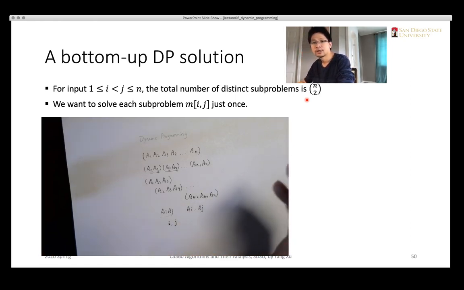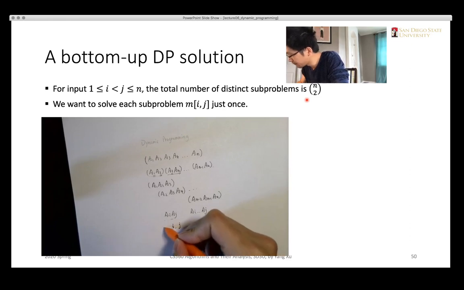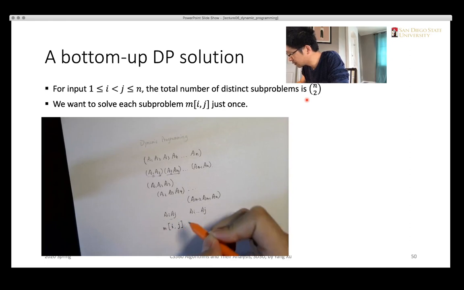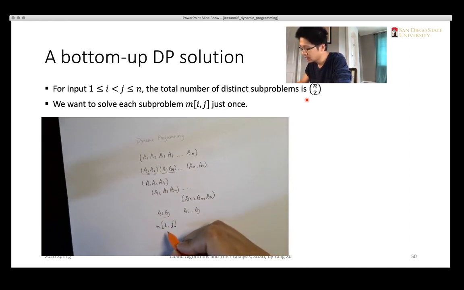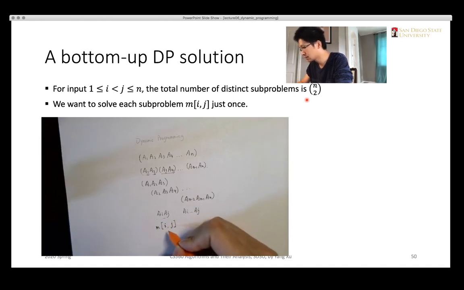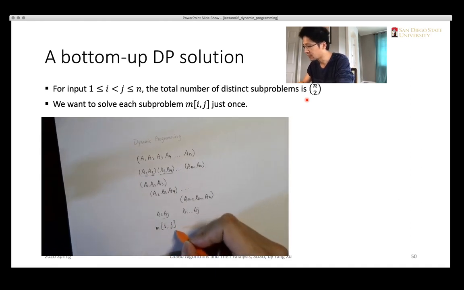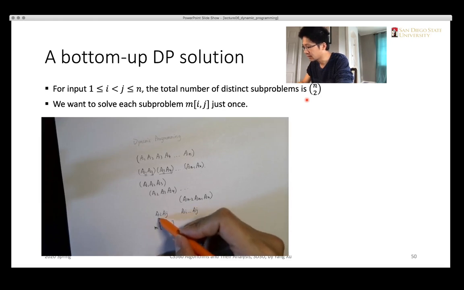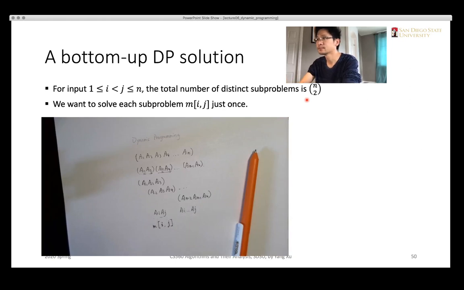For further simplification, we can use a 2D array to save the solutions to these subproblems. We can use the i-th row and the j-th column in the 2D array M to store the solution of the problem starting from matrix Ai to matrix Aj.